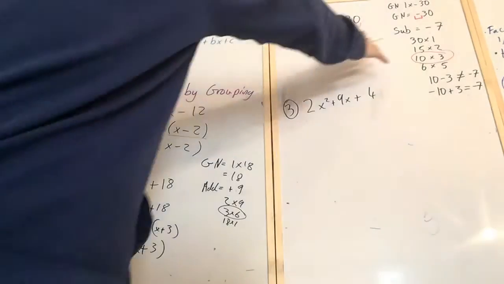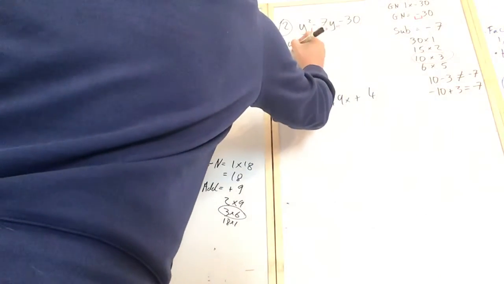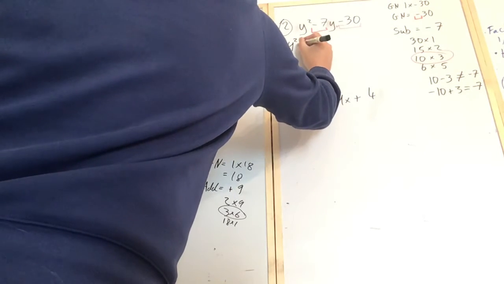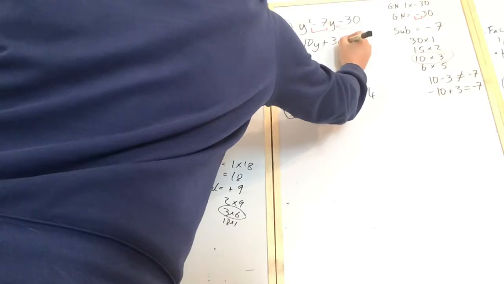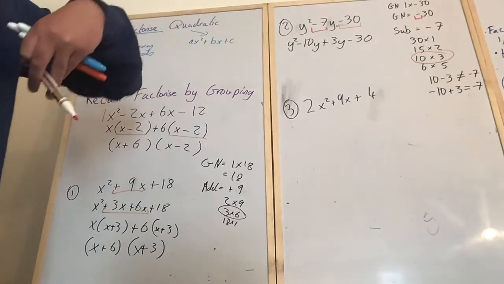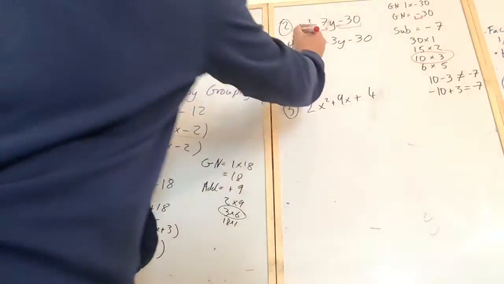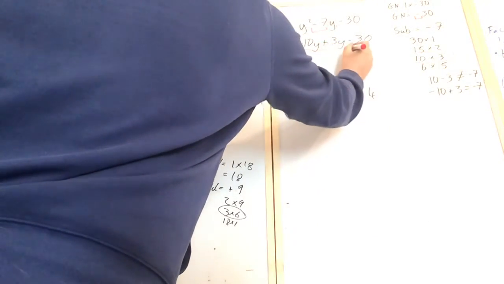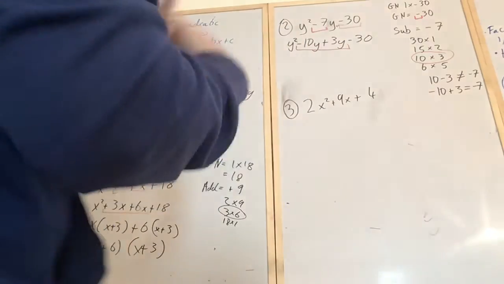So we rewrite our quadratic so that we have 4 terms. So we have y squared minus 10y plus 3y minus 30. It doesn't matter whether we did y squared plus 3y minus 10y minus 30 or as we have put it above. But what is important is that the minus is in front of the 10y, the plus is in front of the 3y.